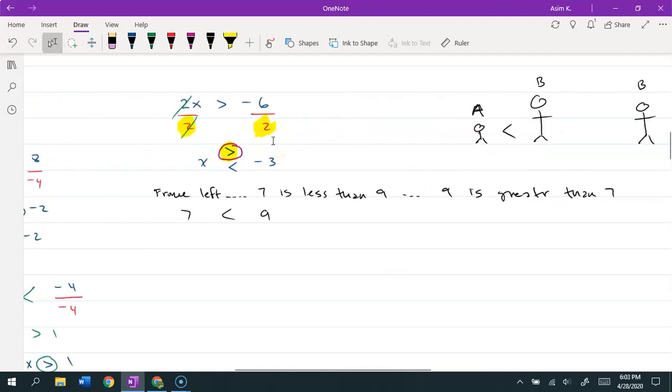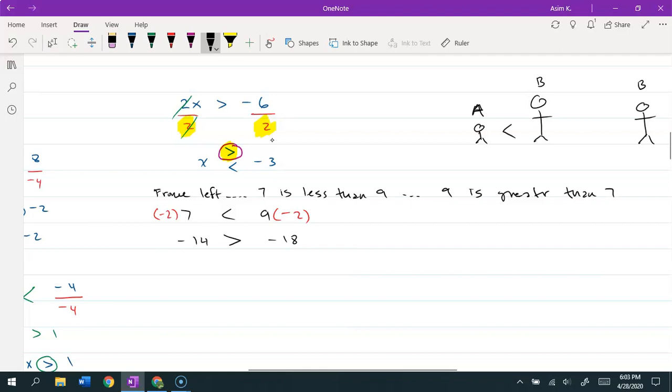Now, anyway, let's suppose that we were to multiply 7 by negative 2 and 9 also by negative 2. Here's what happens. 7 times negative 2 is negative 14, and 9 times negative 2 is negative 18. Now let me ask you this: which one's greater?